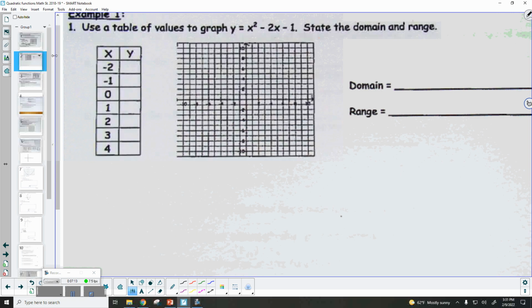So for this first one, let's plug in each of these x's. So y, start with negative 2 squared, minus 2 times negative 2, minus 1. So negative 2 squared, what would that be? 4. Negative 2 times negative 2.